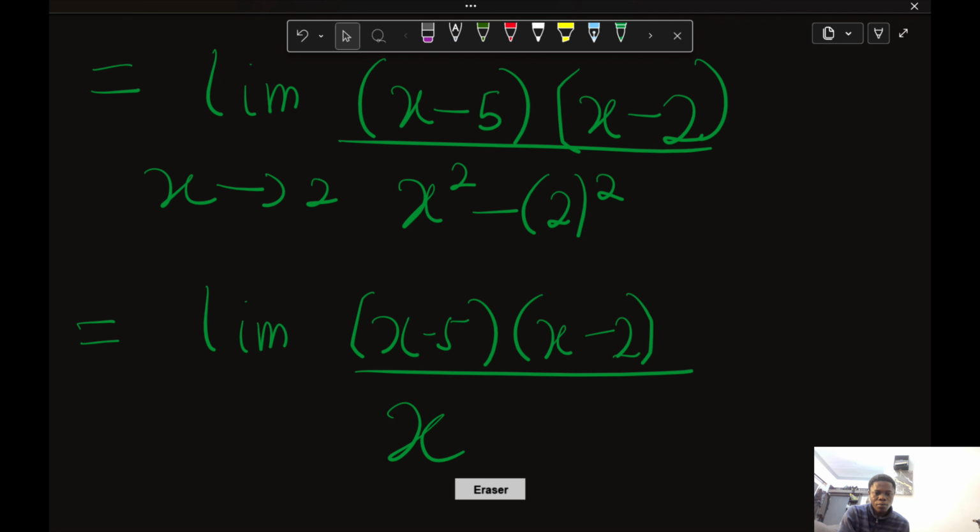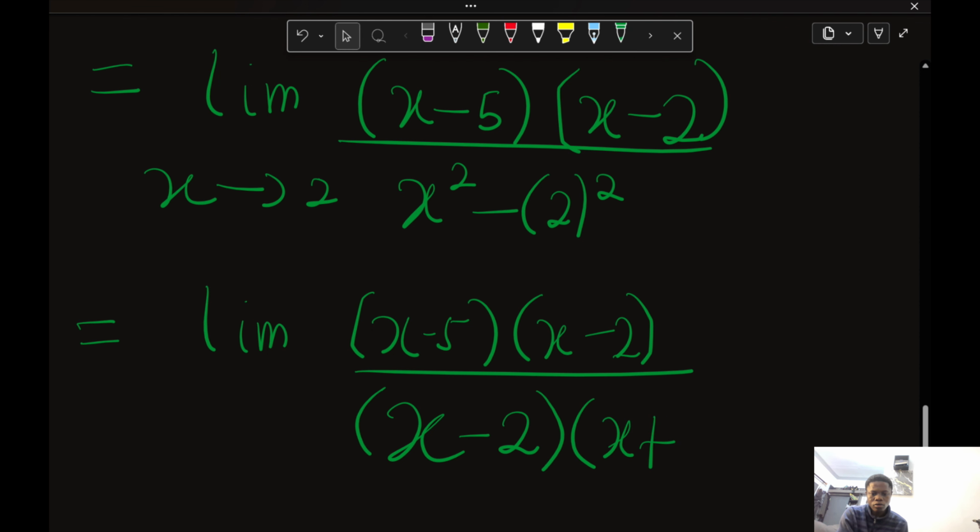So let's apply the difference of two squares: x minus 2 times x plus 2, as x approaches 2.